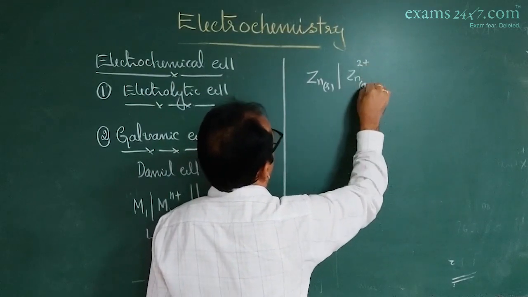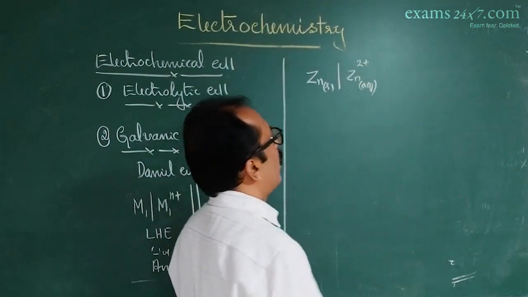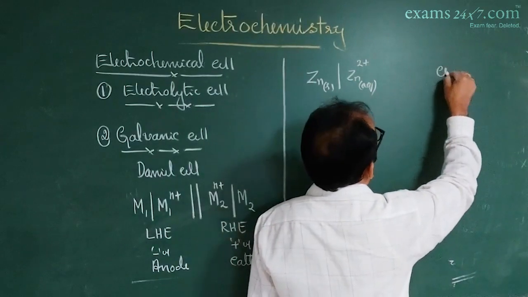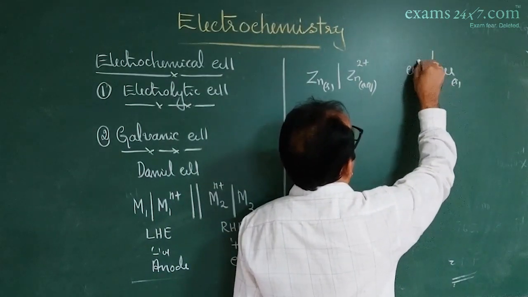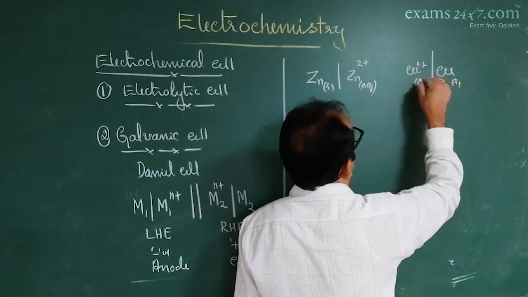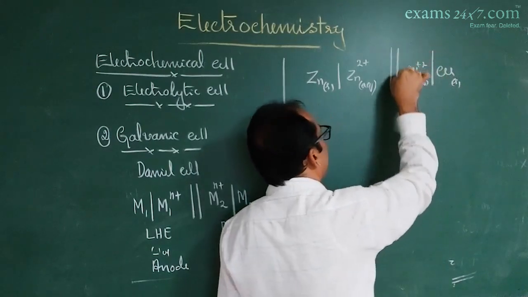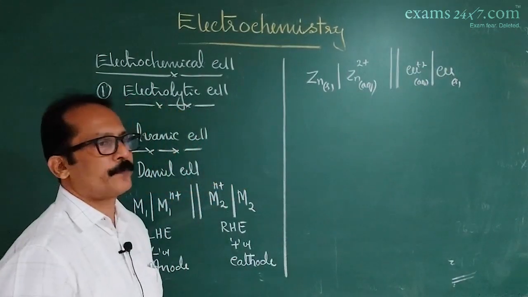Zinc loses 2 electrons and becomes Zn2+ ion. Copper is less electropositive, Cu2+ aqueous. These two electrodes are connected through a salt bridge.